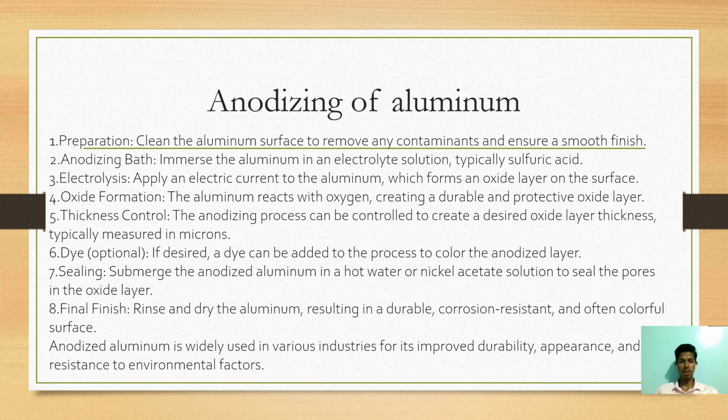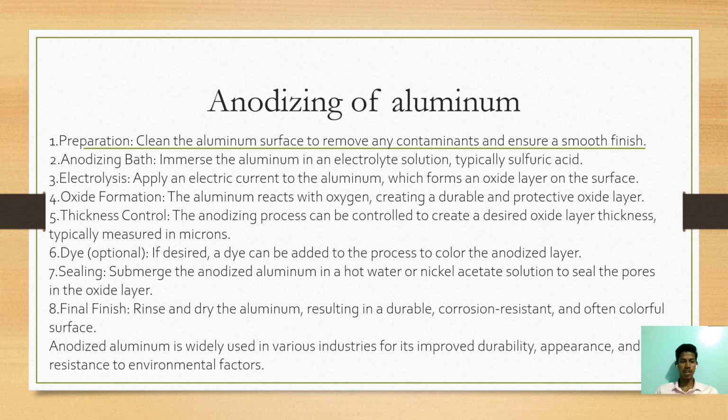Thickness control is the fifth step. The anodizing process can be controlled to create a desired oxide layer thickness, typically measured in microns. Dye is the sixth step. If desired, a dye can be added to the process to color the anodized layer. Sealing. Submerge the anodized aluminum in a hot water or nickel acetate solution to seal the pores in the oxide layer.